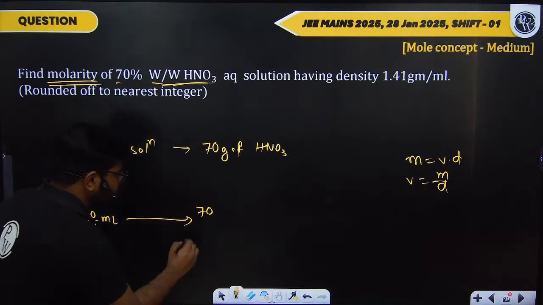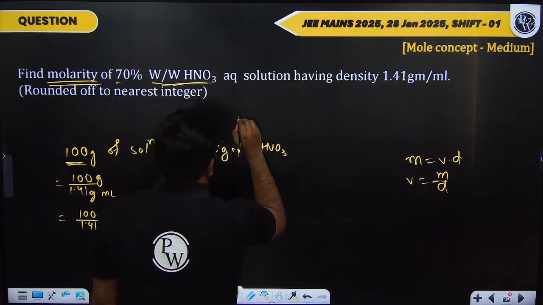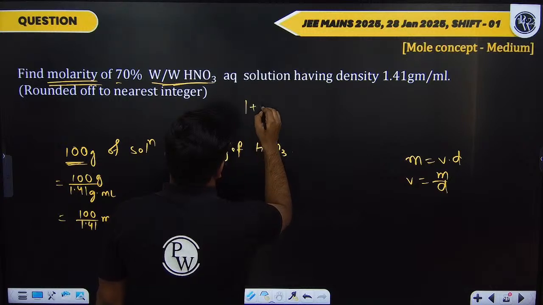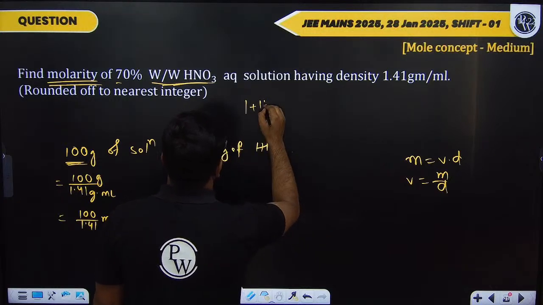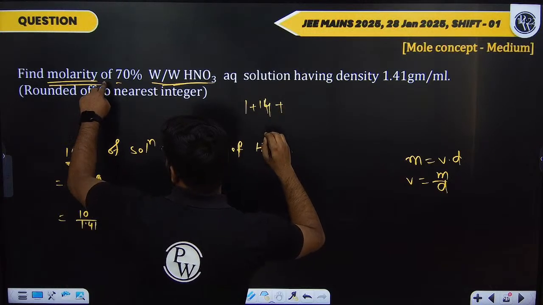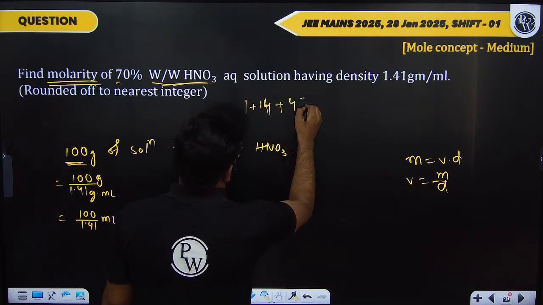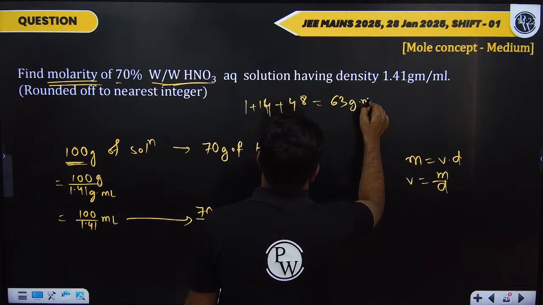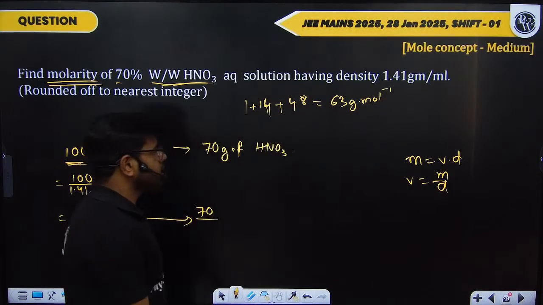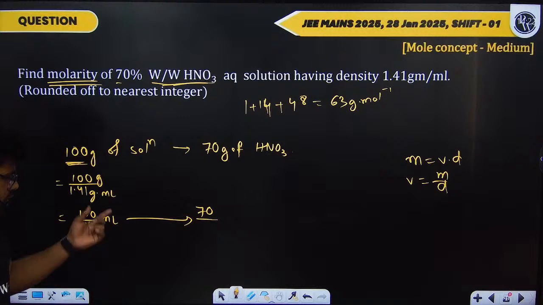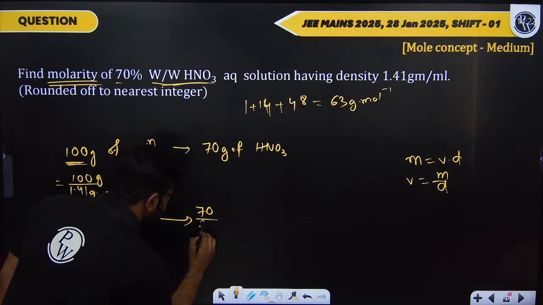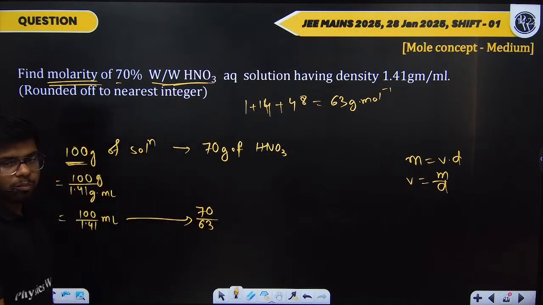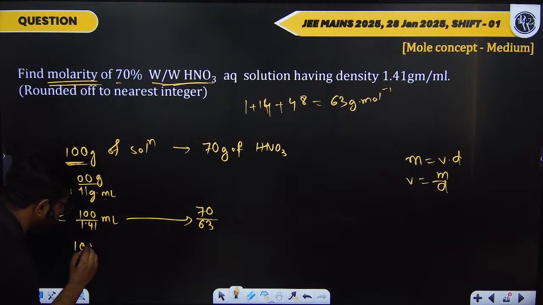Correct. So molar mass of HNO3: H means 1, nitrogen 14, plus oxygen 3 times 16. This is the molar mass of HNO3. If I divide by the molar mass, that is the number of moles present. Now we need it per liter, that means 1000 ml.